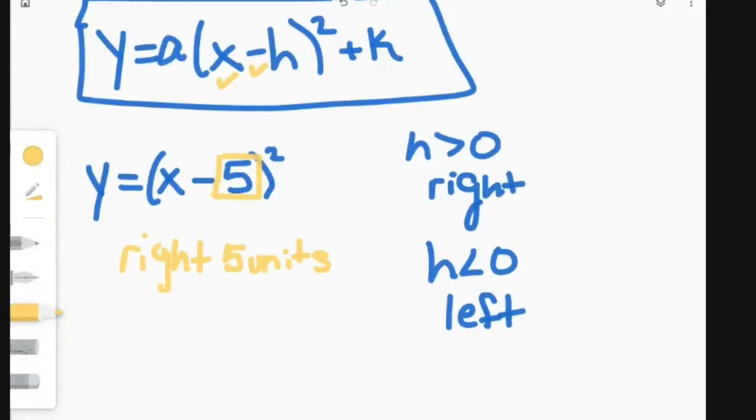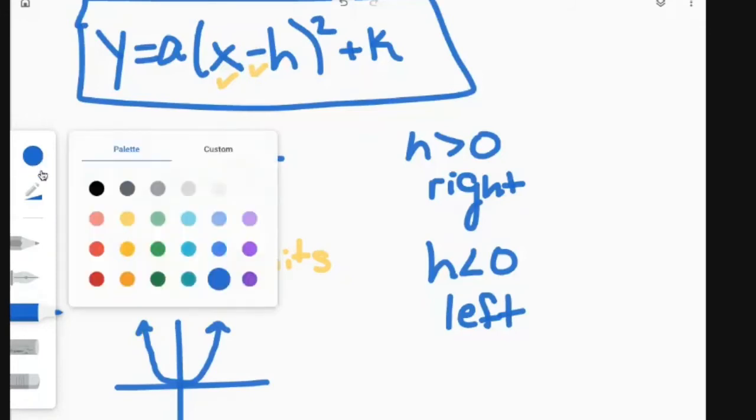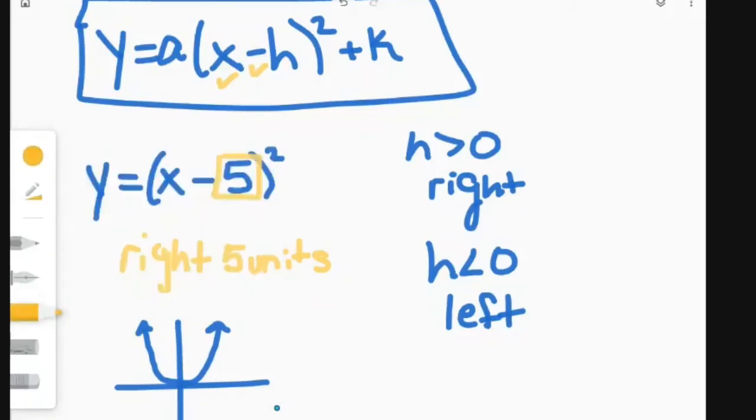If I was to graph this, just like before, a regular parabola goes through the origin. This parabola would go 5 units to the right: 1, 2, 3, 4, 5. A little dot, and I'd sketch it.